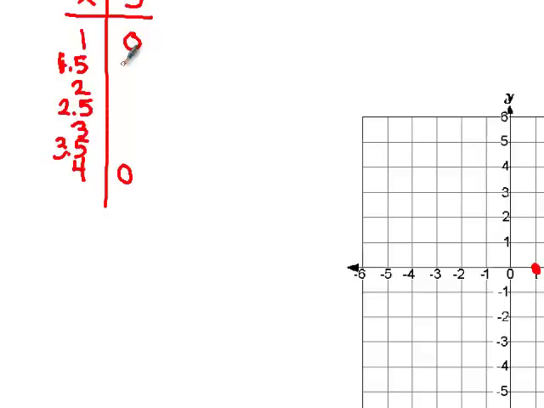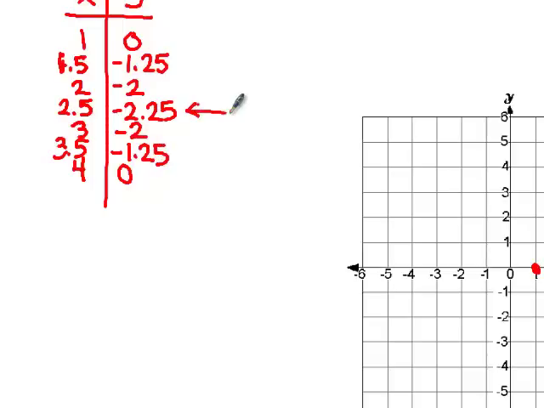All right, and my values over here are negative 1.25. So you can see it repeats itself from this point. So negative 2, negative 1.25, 0, negative 2, negative 1.25, 0.